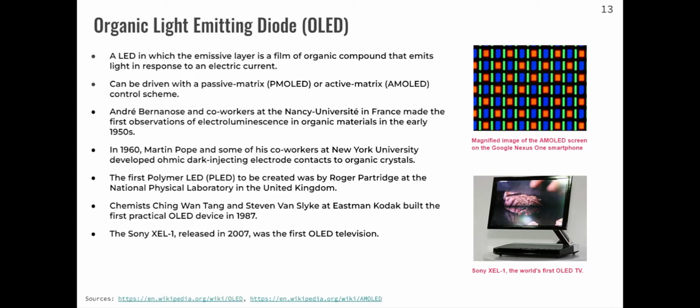In the PMOLED scheme, each row and line in a display is controlled sequentially one by one, whereas AMOLED control uses a TFT backplane to directly access and switch each individual pixel on or off, which allows for higher resolution and larger display sizes. This is the basic difference between passive matrix and active matrix control schemes.